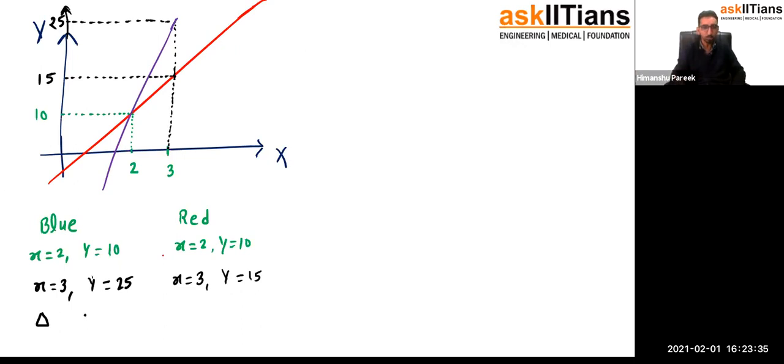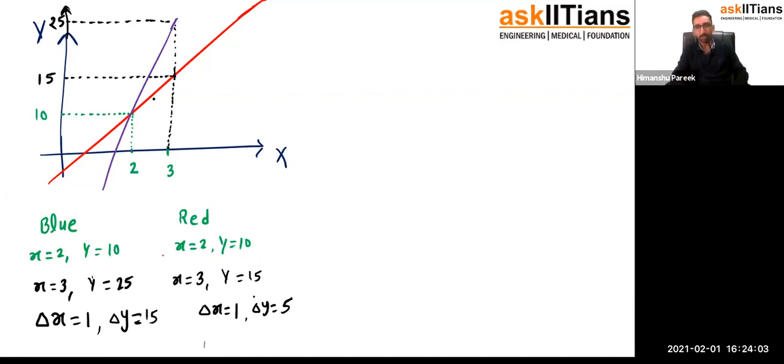So here, what is the change in X? 3 minus 2, 1. What is the change in Y? For blue, 25 minus 10, 15. Here, the change in X is 1 and the change in Y is 15. For the red line, the change in Y is 5. Now you see one thing here.